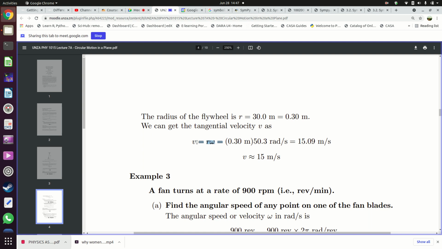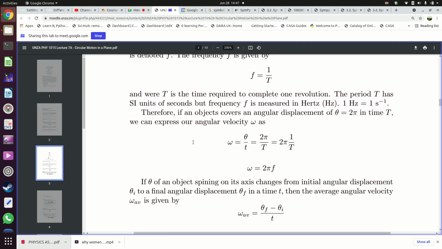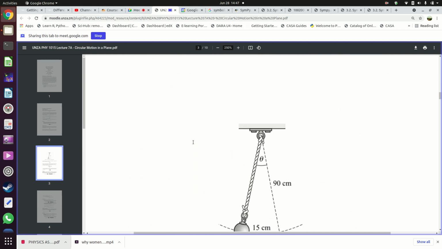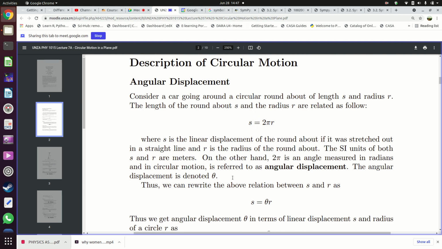A relationship like this. Now, remember what we started with. S is equal to theta multiplied by r. If I divide both sides by t, S divided by t gives me v, which is the velocity in a straight line.